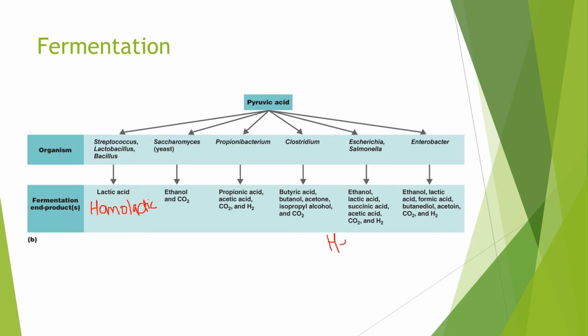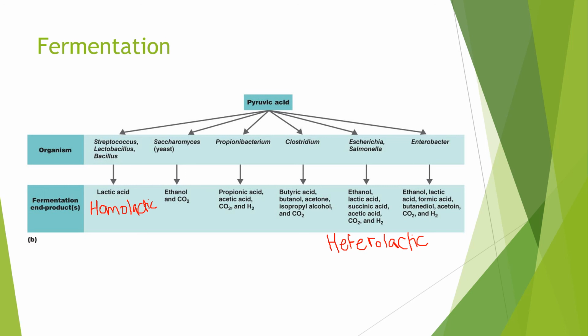Heterolactic would be the type of fermentation that results in the production of various products, okay? Ethanol, acetic acid, and not all the time would all of these products have to be produced. So sometimes bacteria would just produce some alcohol and CO2 and another type of acid.